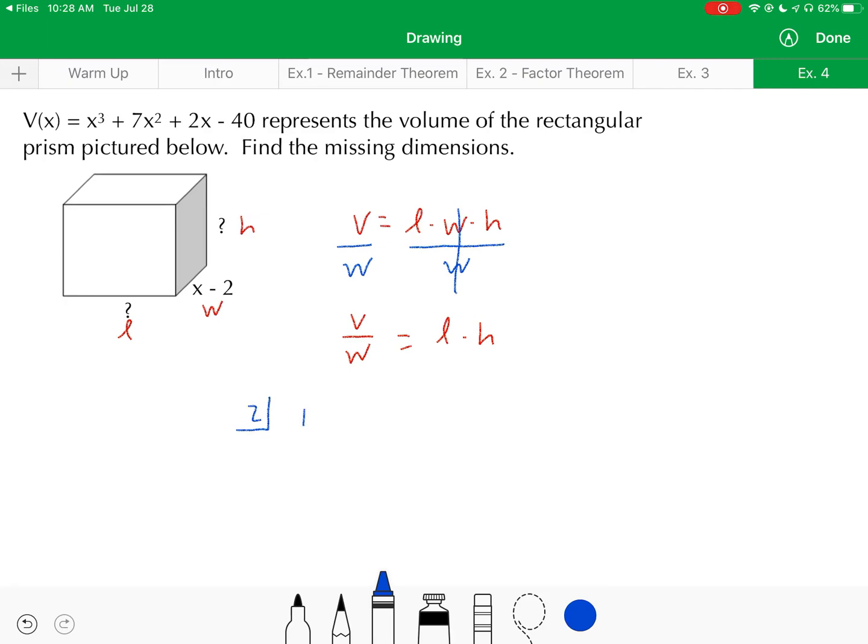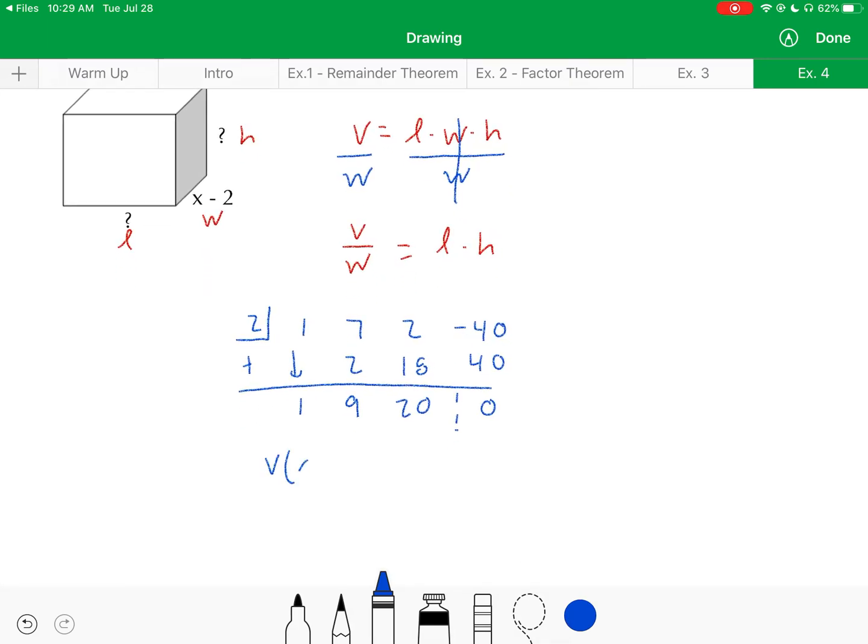My coefficients for v of x are 1, 7, 2, and -40. Plus sign, bring that 1 down. 1 times 2 is 2, 7 plus 2, 9, 9 times 2, 18, 2 plus 18, 20. 20 times 2 is 40. Those add up to, of course, 0. So we can say that v of x is factored slightly to x minus 2, and then based off of the 1, the 9, and the 20, x squared plus 9x plus 20.